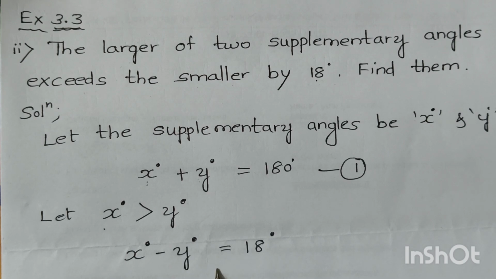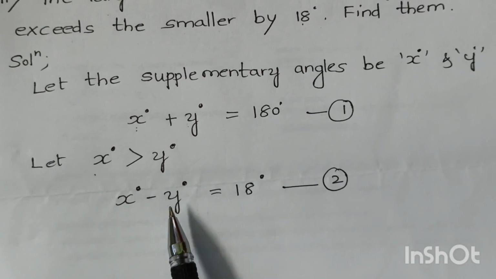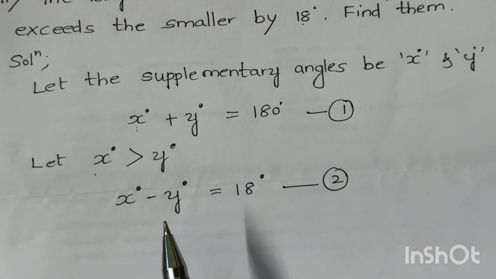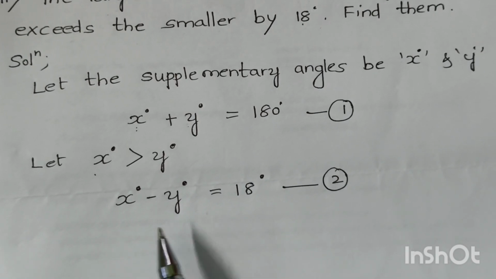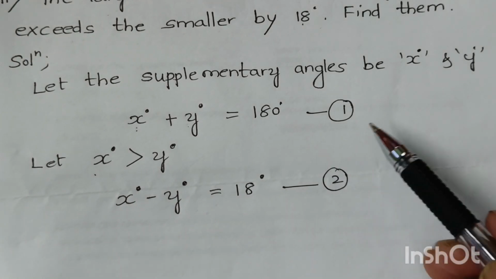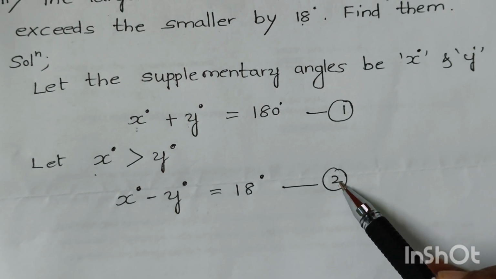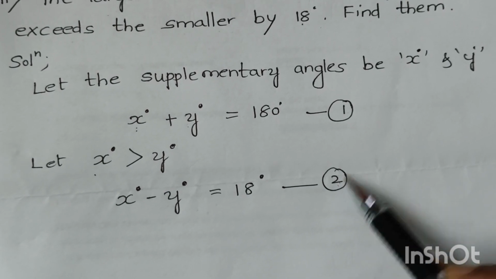We can write it like this. If you did not understand how we got this equation, then watch the video till the end, because while doing verification, I am going to explain this neatly. Now see, this is our equation 1 and this is our equation 2. We got equations 1 and 2. Now we can solve this.